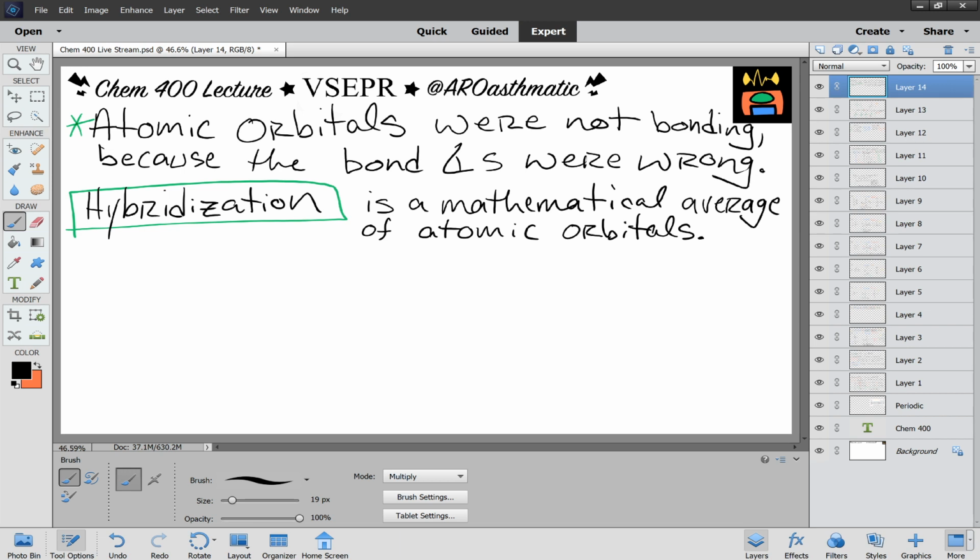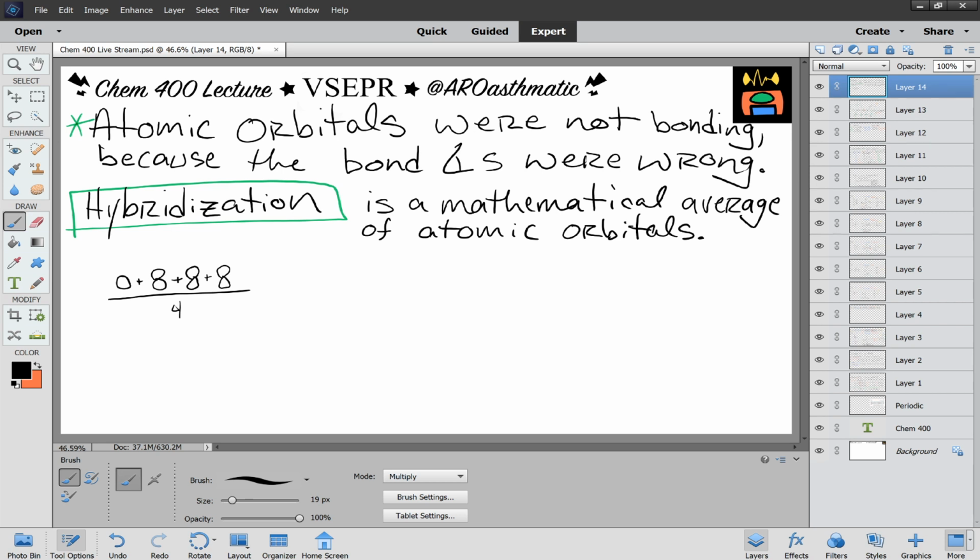So what they did, when you take an average, you take the sum of the parts and divide by how many parts you have, right? So physicists, chemists took essentially the sum of the orbitals, atomic orbitals on carbon, and averaged them together.